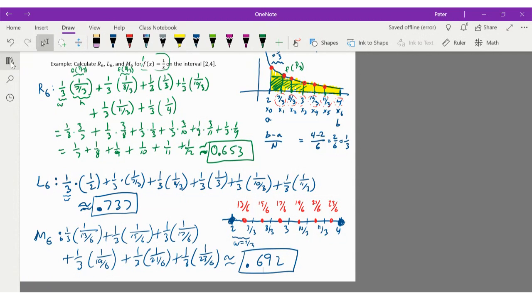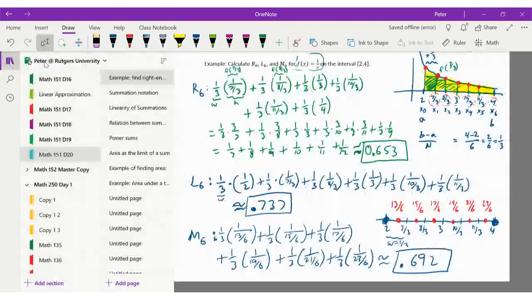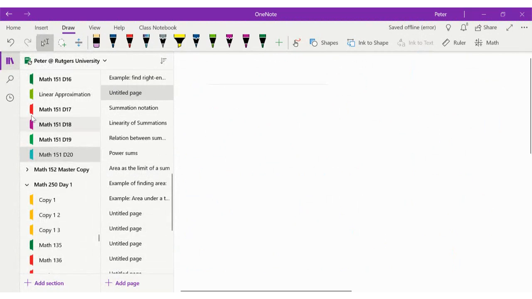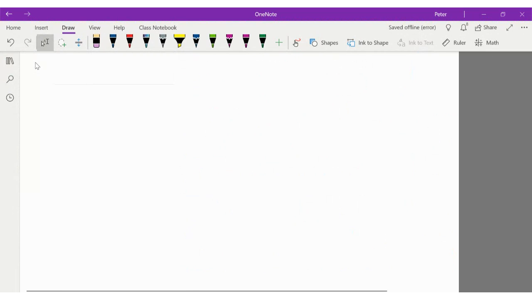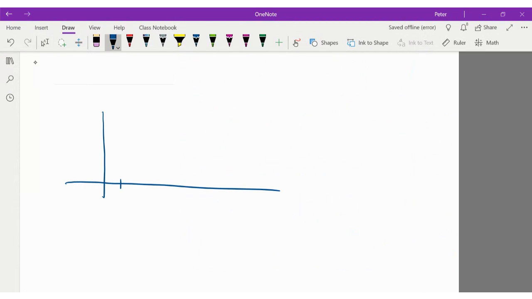I'll turn the page. I'm going to come back to this for anybody who wants to see this page again. But I just want to draw an example of this. Let's suppose that I'm going to use 4 subintervals for a function that looks like this.